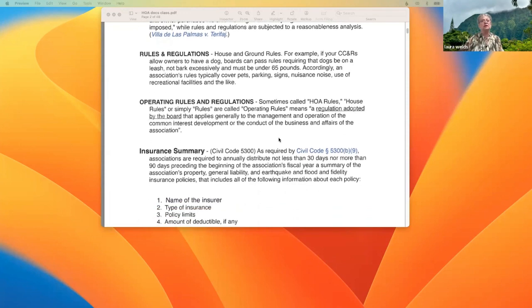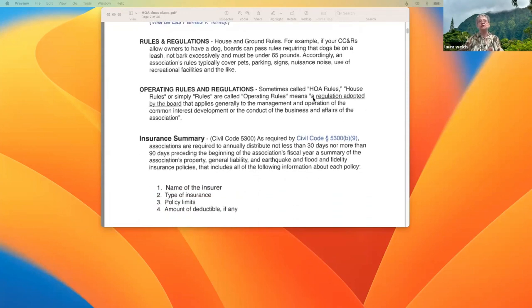And sometimes, then we have the operating rules and regulations. And these are generally regulations adopted by the board that apply to the management. So they will get into, like I was just reading, how they're working on defining where I have my HOA.